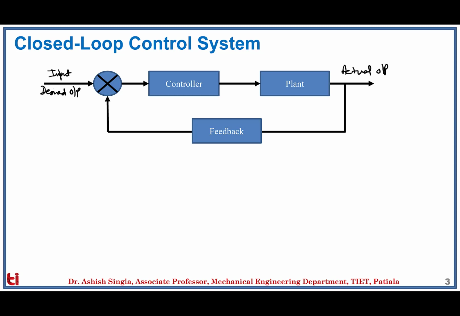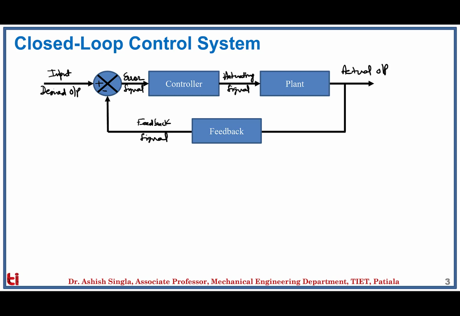This actual output is fed back with the help of the feedback channel, and it is called the feedback signal. This feedback signal will go to the comparison unit and will construct an error signal. The function of this controller is to minimize this error, and the output from the controller is known as the actuating signal, and this actuating signal is going to drive the plant.